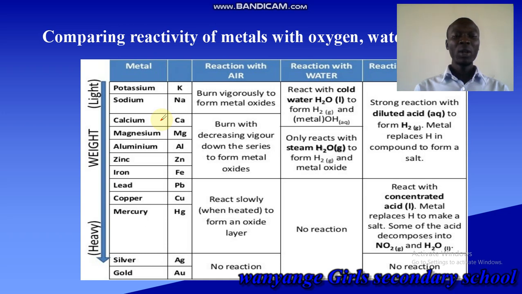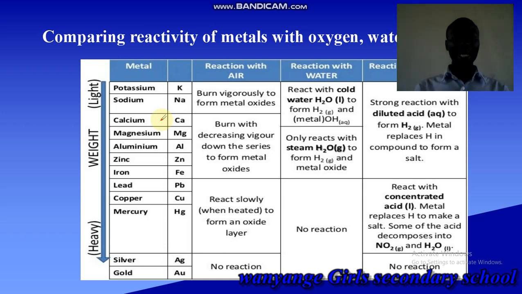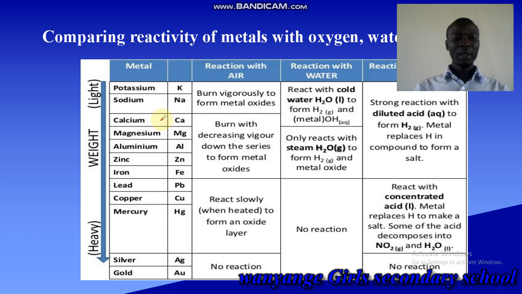Why? Because they are lower, they are less reactive. The calcium, magnesium, aluminium, zinc and iron are less reactive than the sodium and potassium. So they will burn less vigorously to form metal oxides, respectively.